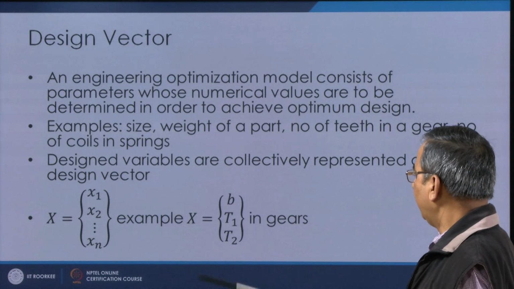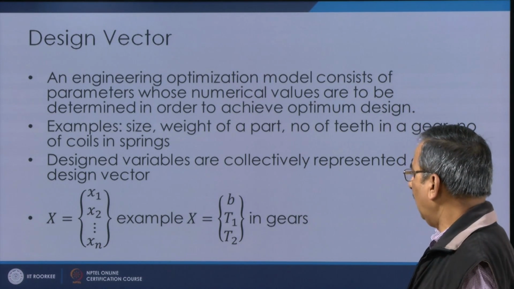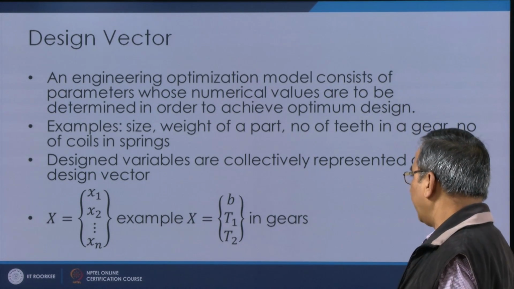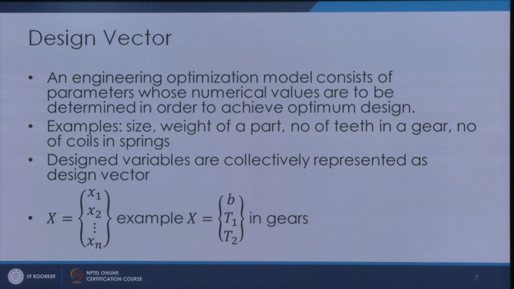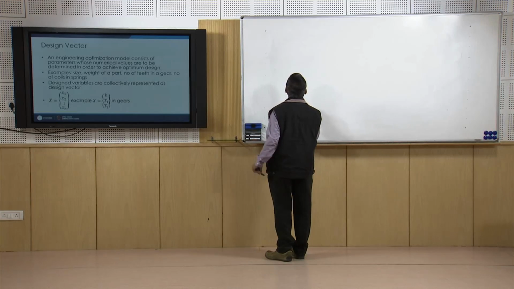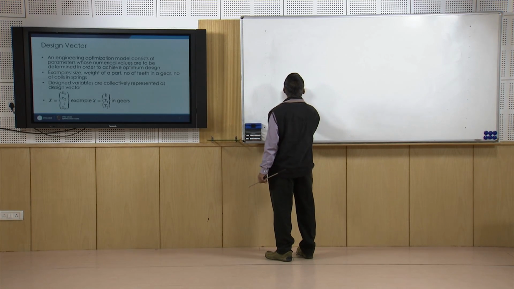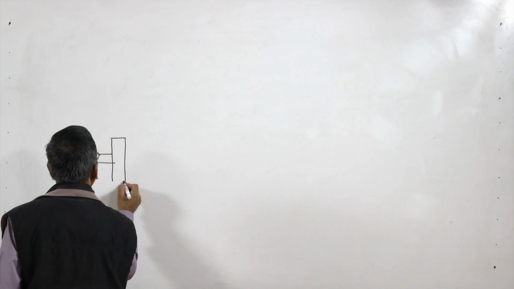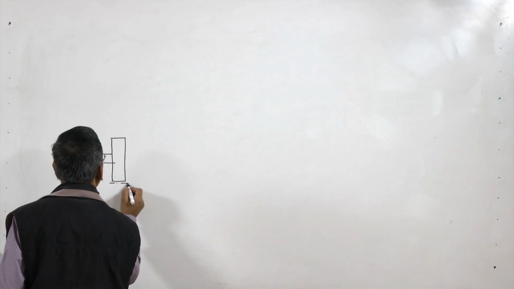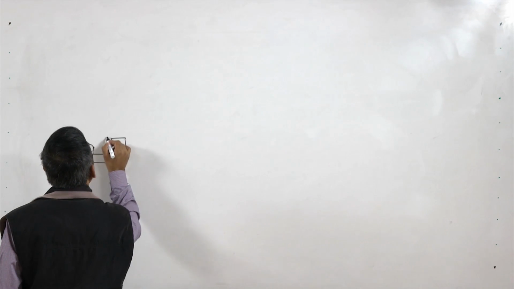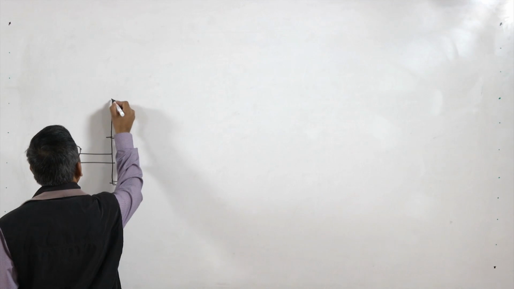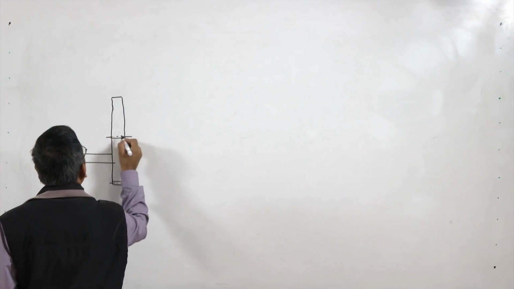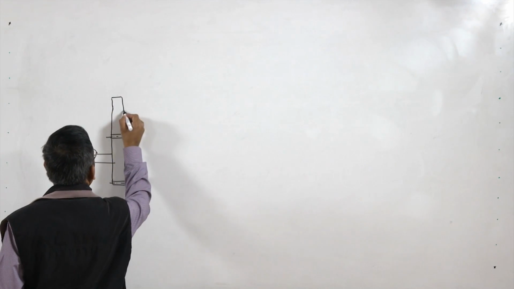For example, say I talk about two gear teeth in mesh, that is, we have a gear teeth and another gear teeth, and they are in mesh.